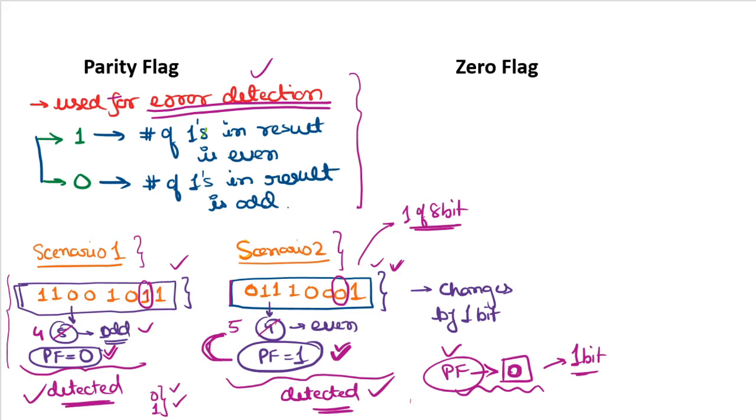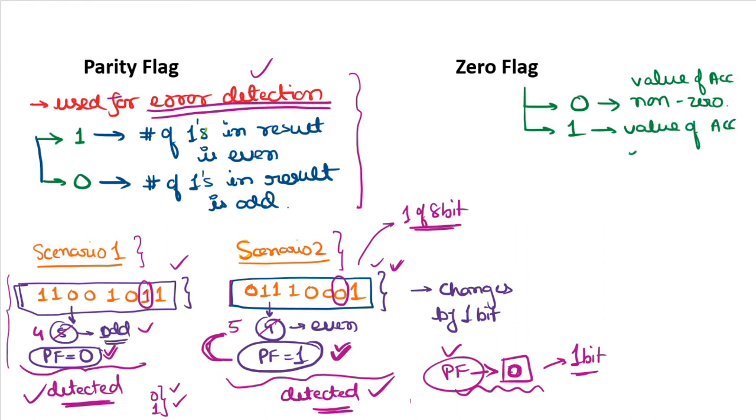Let's proceed with zero flag. Zero flag is quite simple. Zero flag is set to 0 when the value of accumulator register is non-zero, and it is set to 1 when the value of accumulator register is 0.